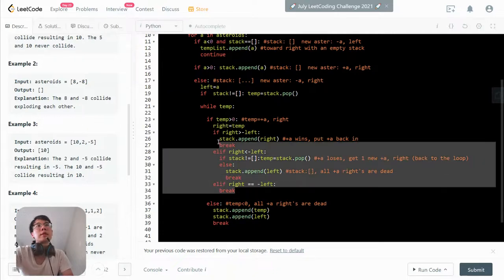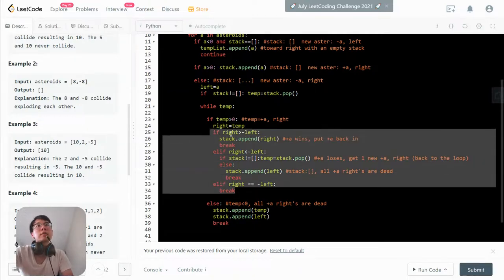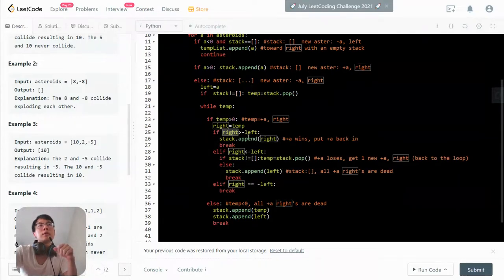Now we're doing some comparison. If the size of the asteroid going to the right is bigger than the one going to the left, the right one will win, and then we go back to the stack. And if the left one wins, then we need to pop another asteroid from the stack to fight against the one going to the left to see which one wins in the next round.